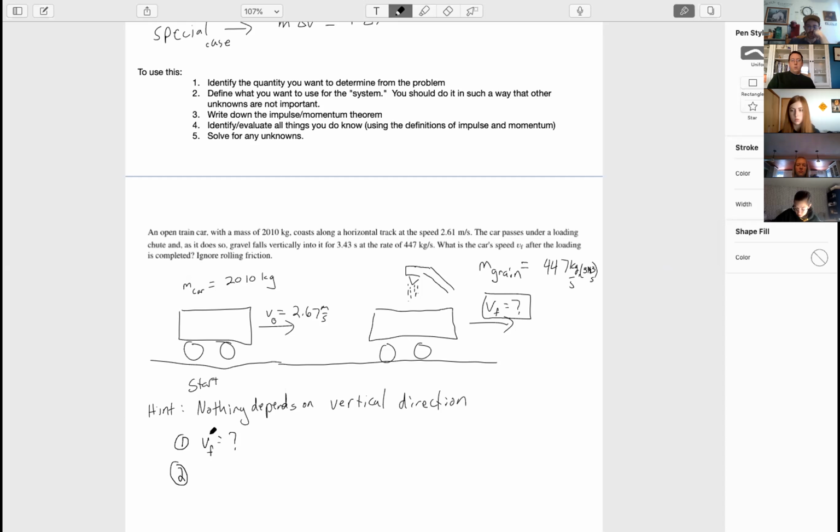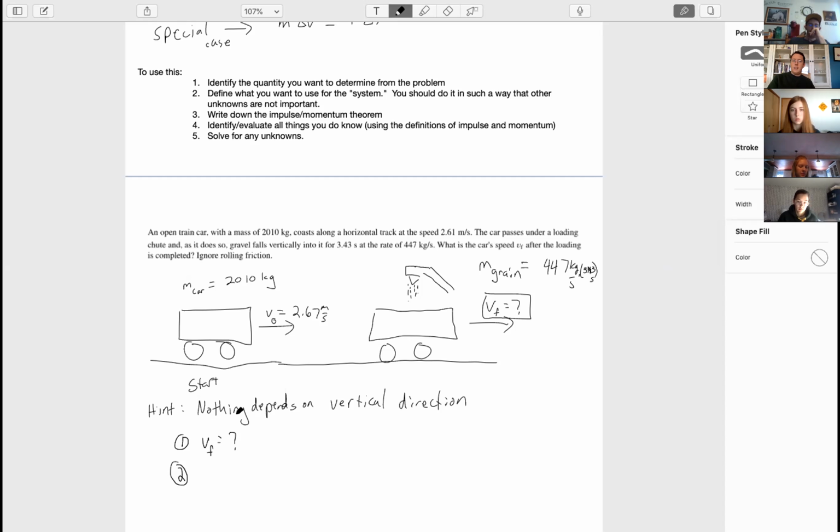So then step 2, we want to define the system, and do it in such a way that the only unknown has to do with the thing I'm trying to find. So the final velocity, let's think about that.